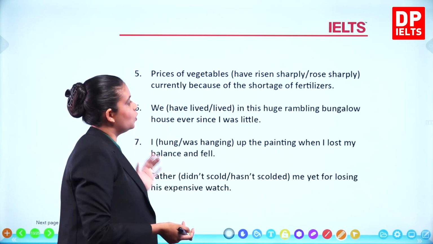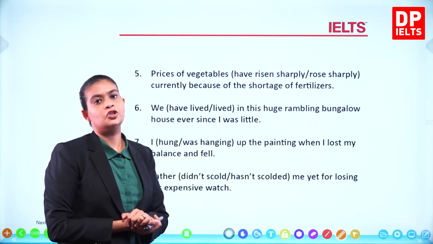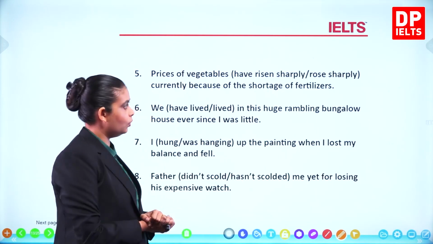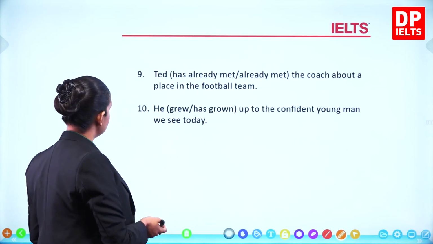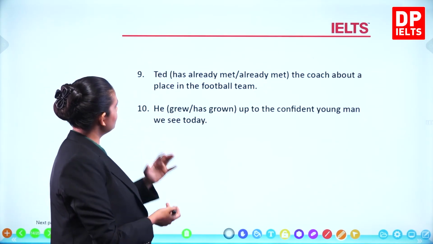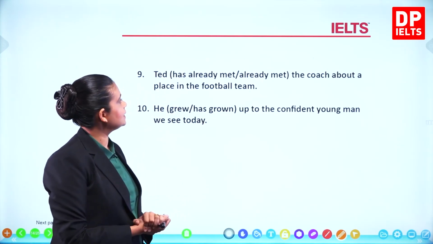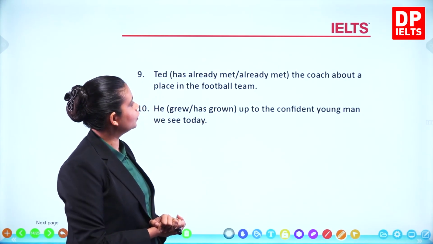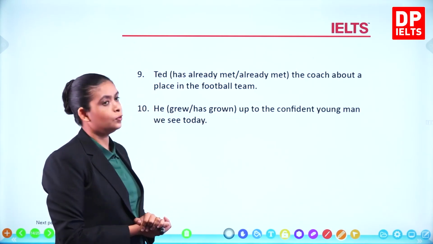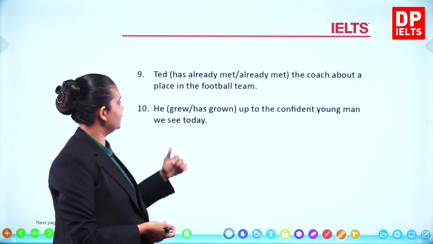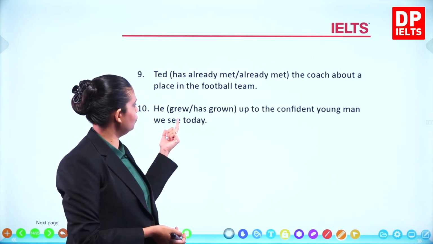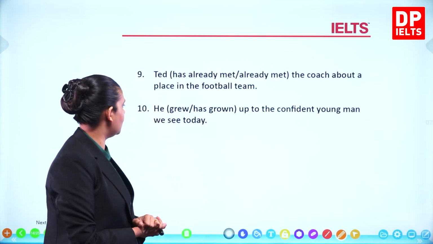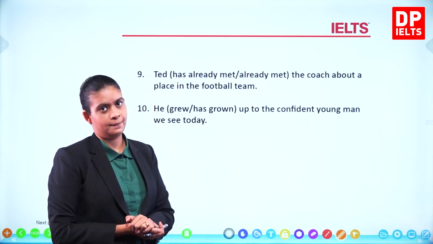So please pause the video and make sure that you jot down the correct answer before we discuss the answers. And the last two sentences: Ted has already met or already met the coach about a place in the football team. And the last one: he grew or has grown up to the confident young man we see today.